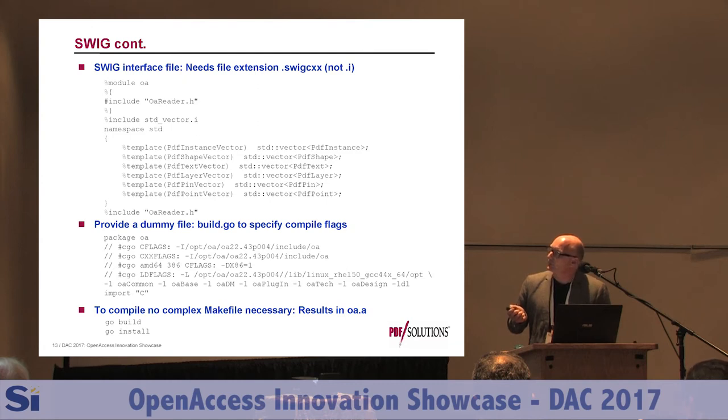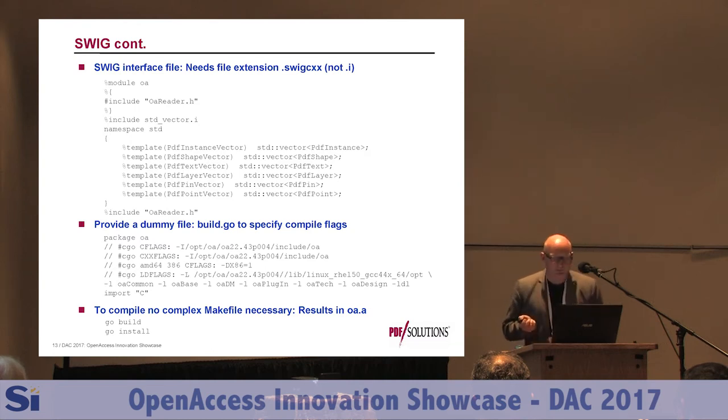You include this standard vector.i file so that you get access to size. So if you deal with standard C++ vectors, you get information like the size of the vector, the first element, last element, and so forth, right? And then you simply define your own types here, in terms of my PDF text, shape, layer, pins, points, whatever I needed. I need instances, and then that's it.